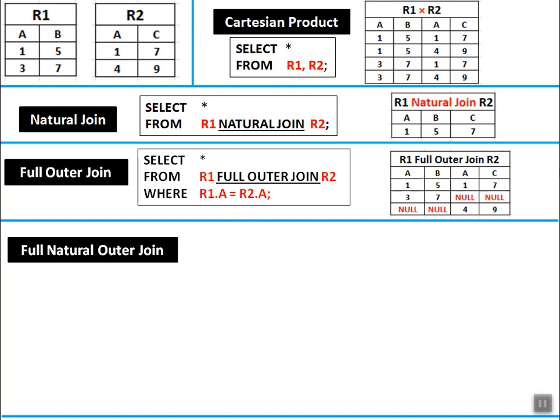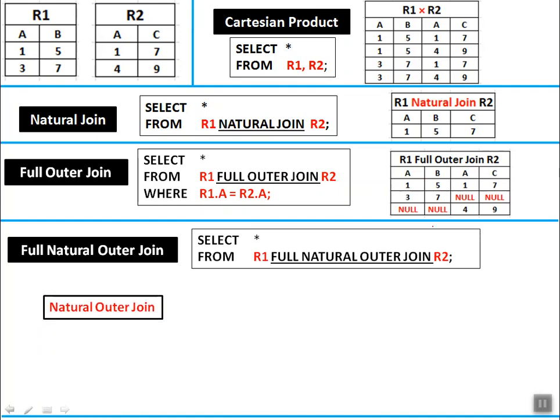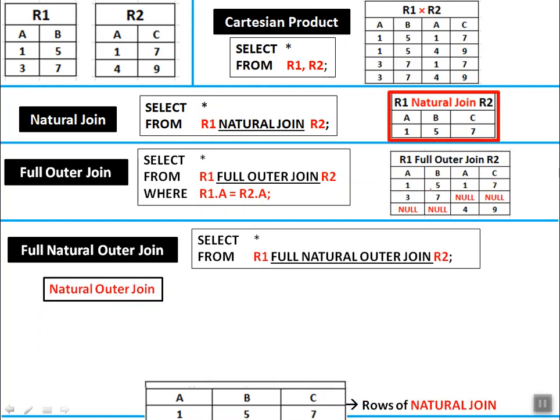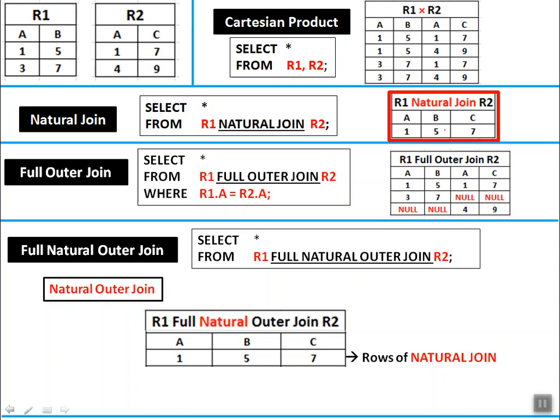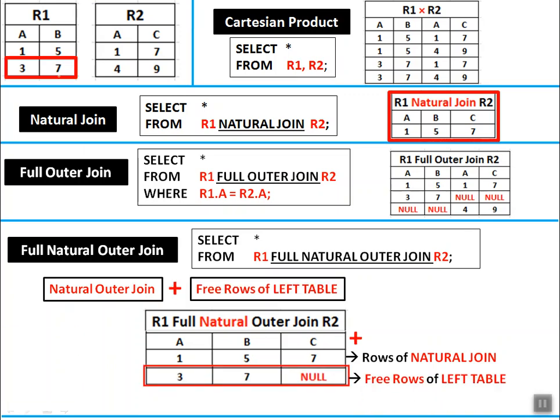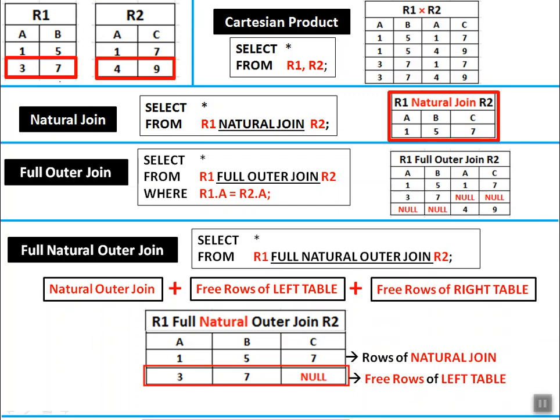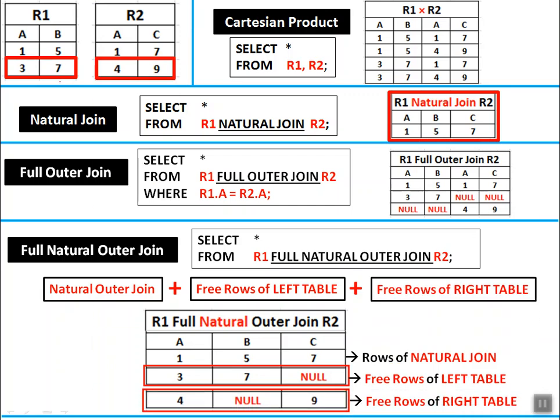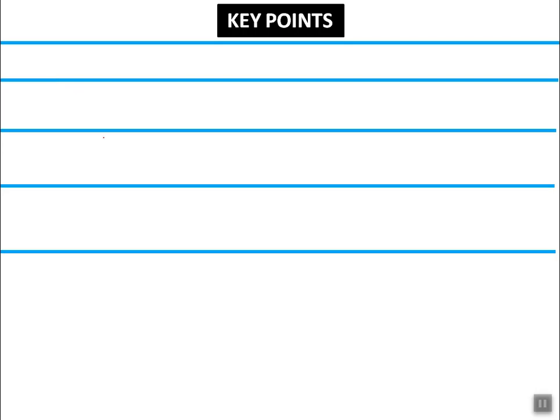That means perform full outer join and write common columns only once. Natural outer join: there is one, plus free rows of left table, plus free rows of right table. That's it. That is full outer join. Full natural outer join. All are same, guys. Everything comes from Cartesian product. Clear?